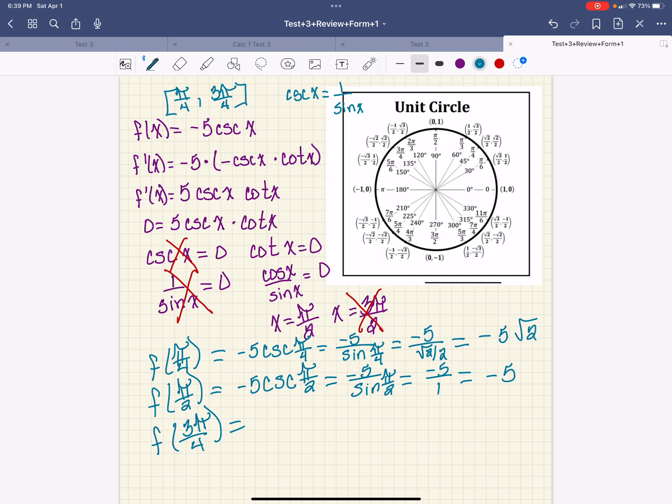Then we are going to find negative 5 cosecant of 3 pi over 4. So it's going to be negative 5 over sine of 3 pi over 4, and sine of 3 pi over 4 is also positive square root of 2 over 2. So that will be negative 5 over square root of 2 over 2.